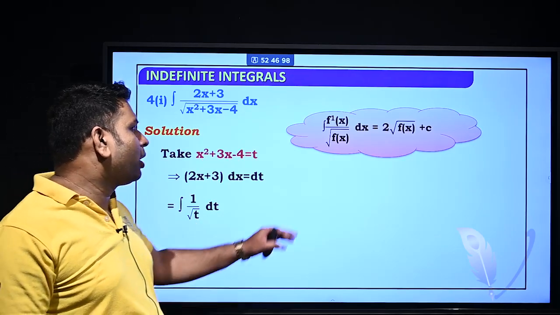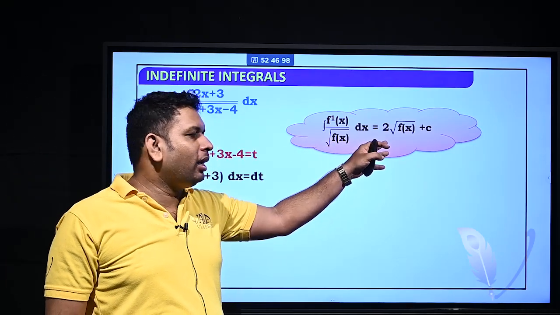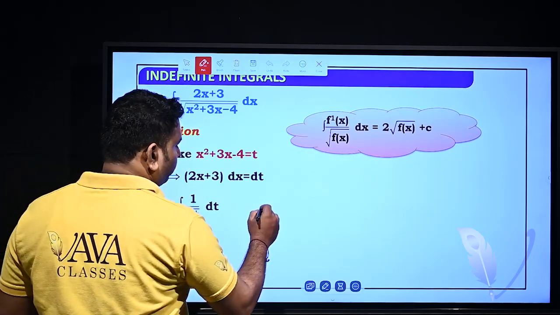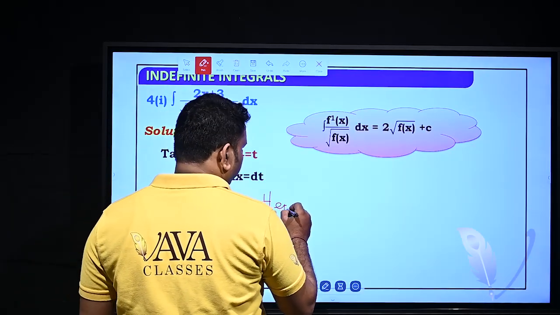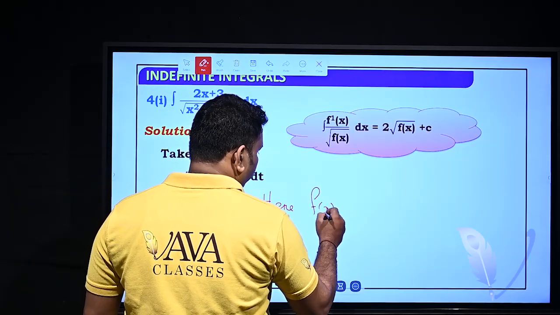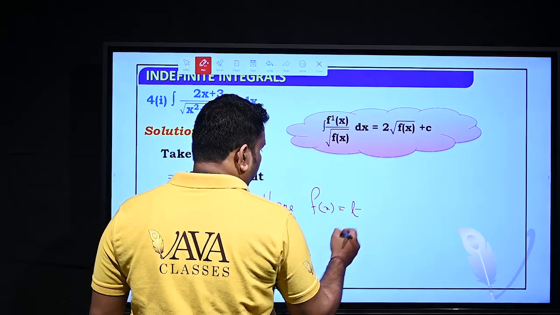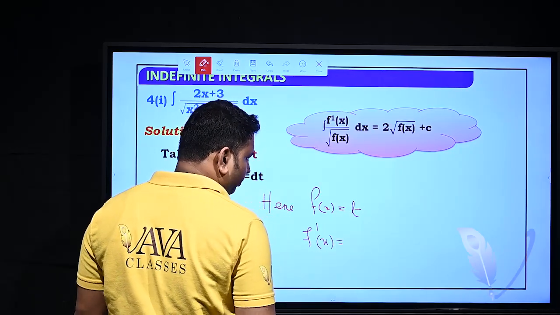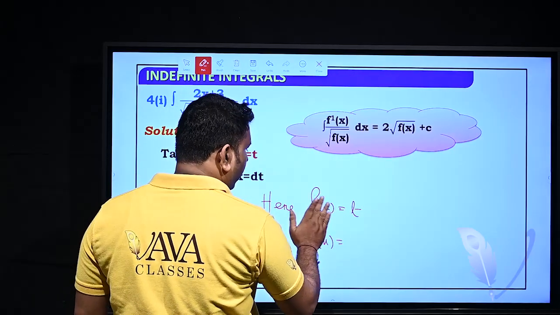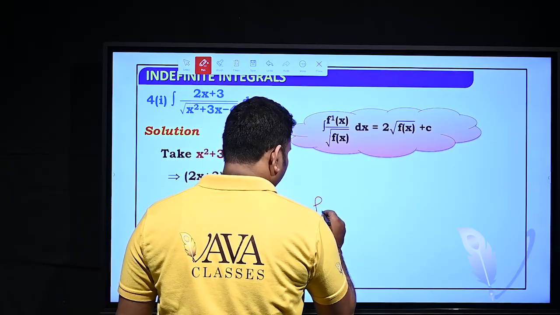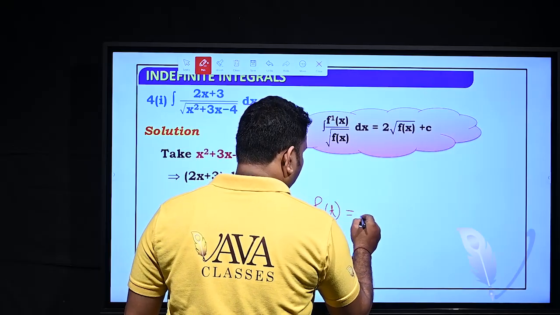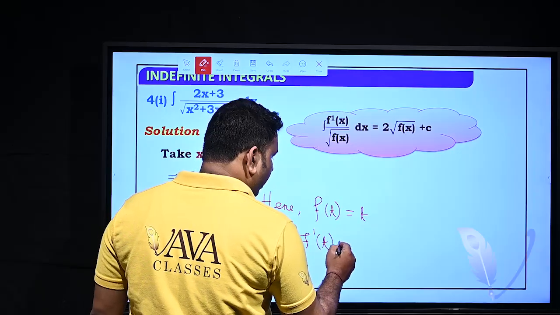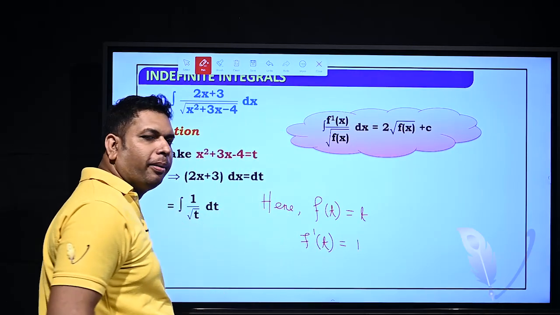We know that the integration of f dash x by root of fx is 2 times root of fx plus c. Here f of t equal to t, f dash t equal to the derivative of t, which is 1.